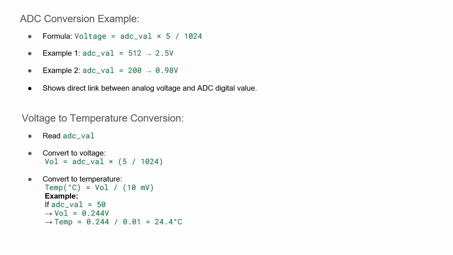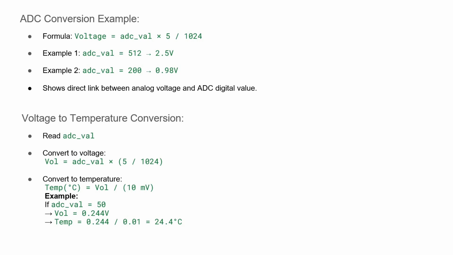The formula for voltage conversion is voltage equals ADC value times step size. For example, if the ADC value is 512, the voltage is 2.5 volts. If the ADC value is 200, the voltage is about 0.98 volts. This shows the direct link between the analog voltage and the ADC digital value.